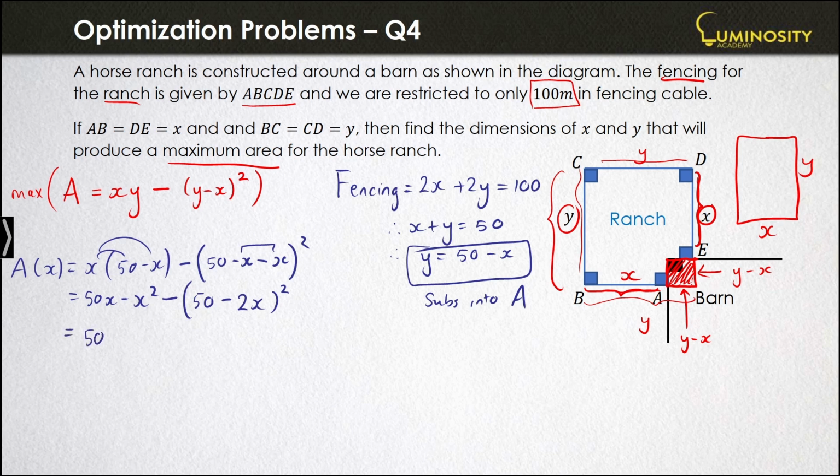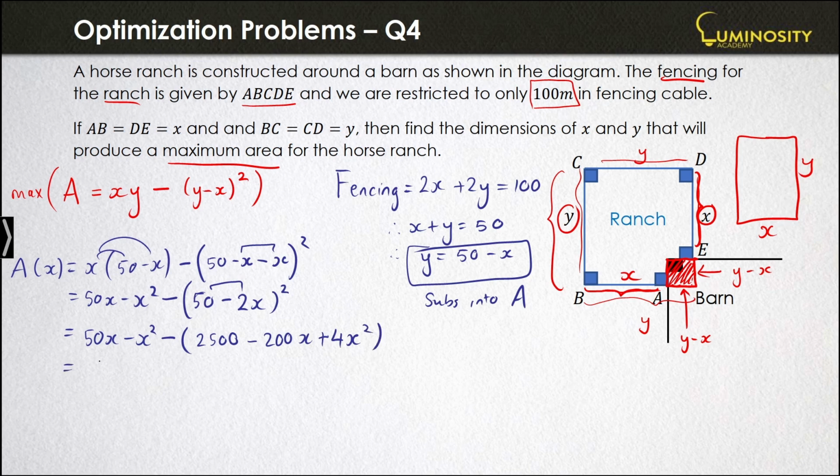Let's expand that out. 50 squared is 2,500. The product is negative 100X, doubled, so negative 200X. And then squaring negative 2X gives positive 4X squared.